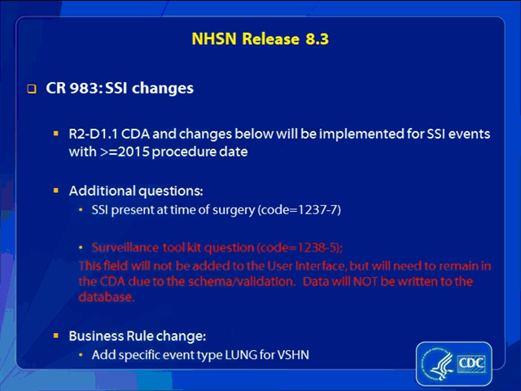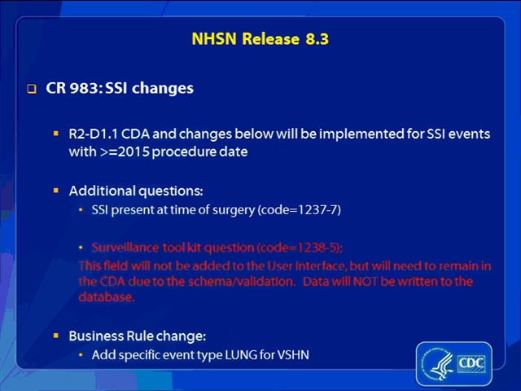This is an effort to make the SSIs more appropriate and related to the surgical procedure. If the patient had an infection at the time of the surgery, we'll let the IP note that in the SSI record to say that there's something going on with this patient before the procedure was done. You see in red there was initially going to be an additional question about whether an SSI was identified using a code-based surveillance toolkit, and that actually has been removed from the protocol as well.